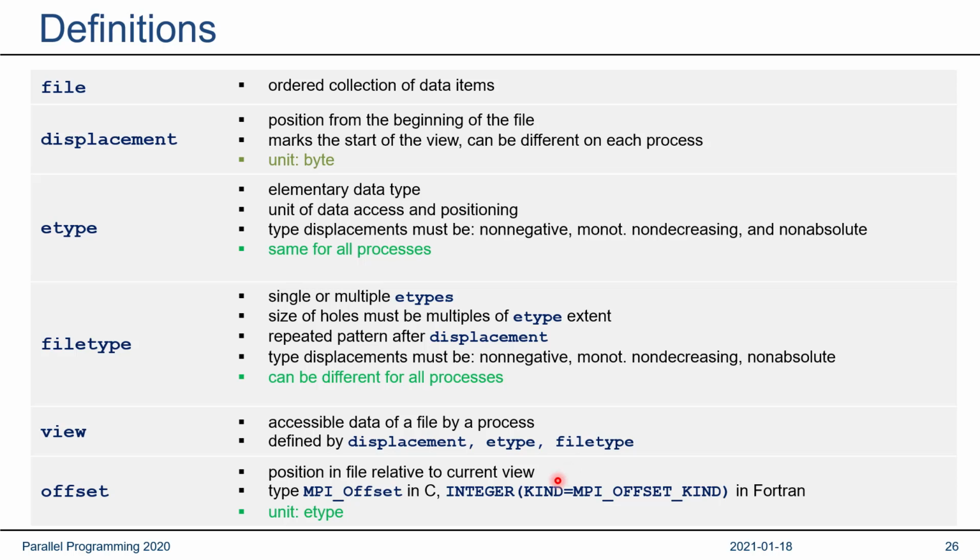In C, there's a special type for that, MPI offset. In Fortran, it's an integer of a specific kind. But the unit is always the E-type. So the offset is always given in units of the basic data type that you specified as the E-type. For example, if the E-type is MPI int, then the offset would be in units of 4 bytes.